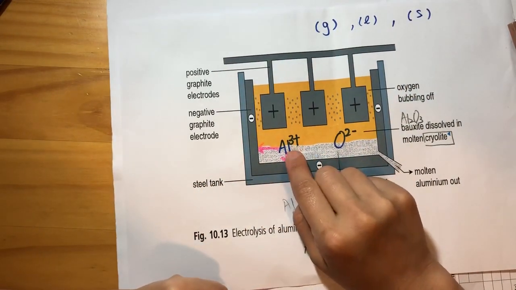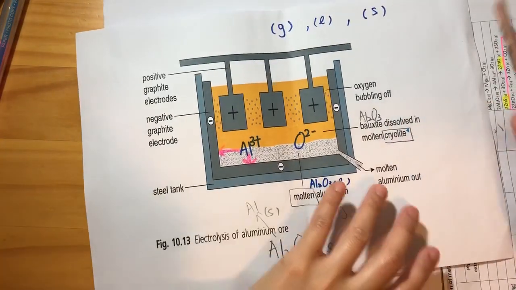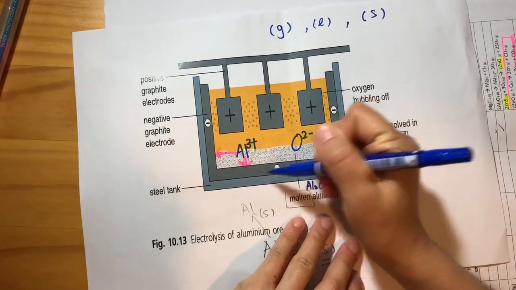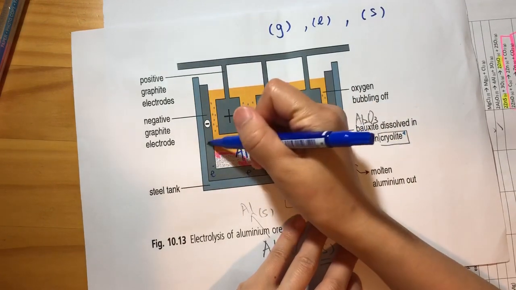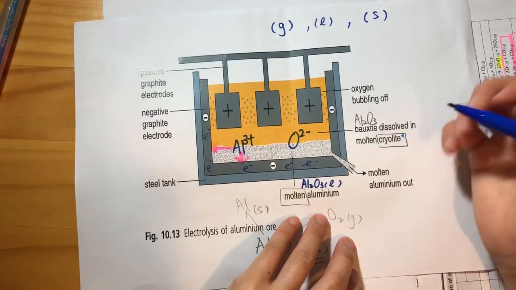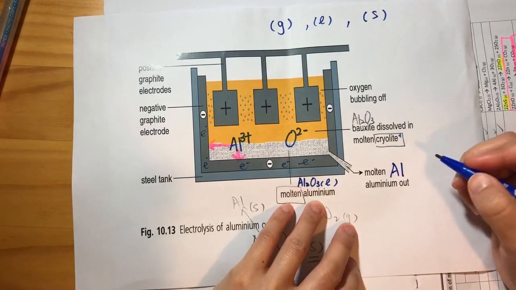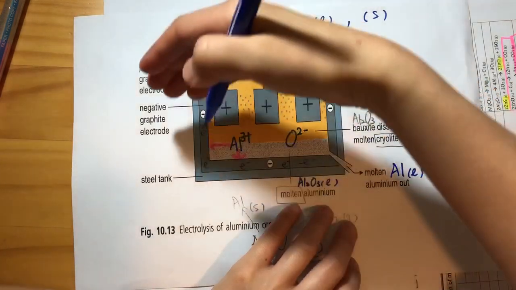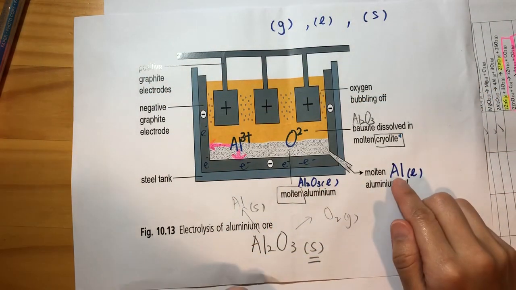So remember, there are many electrons from the electricity supply. Once they get the electrons, they will become aluminum metal. And because of the high temperature, it is in molten state. So after electrolysis, we will get aluminum.